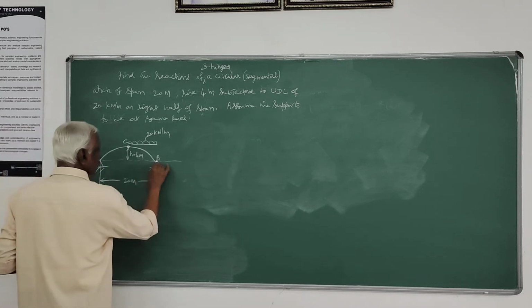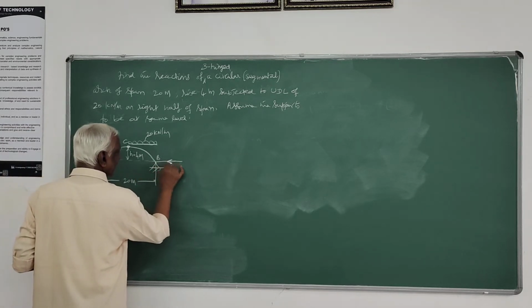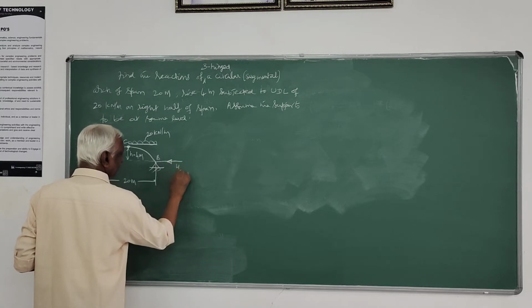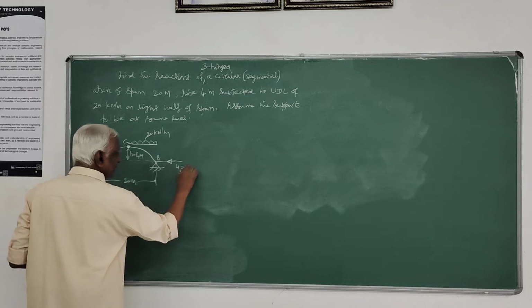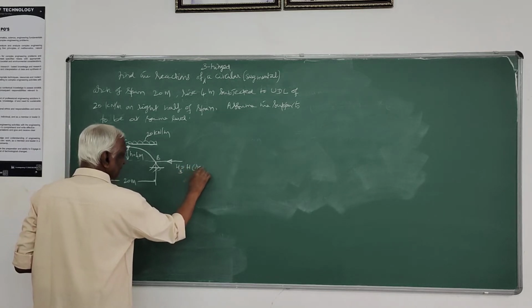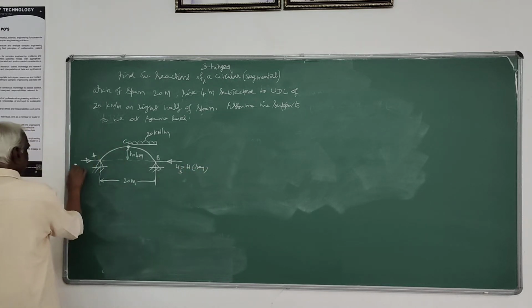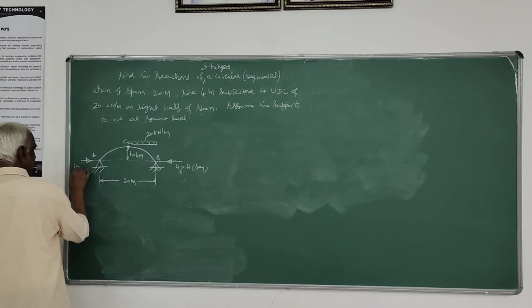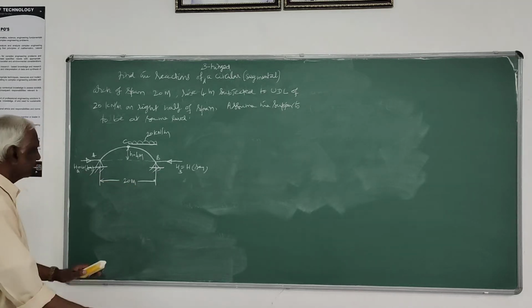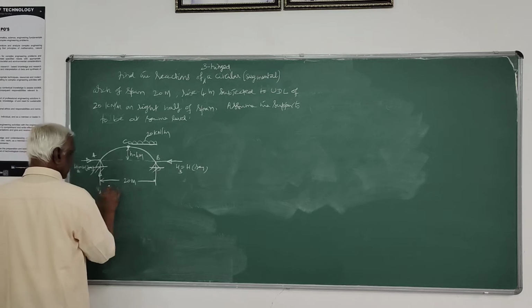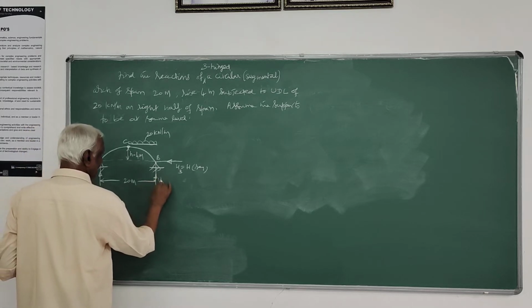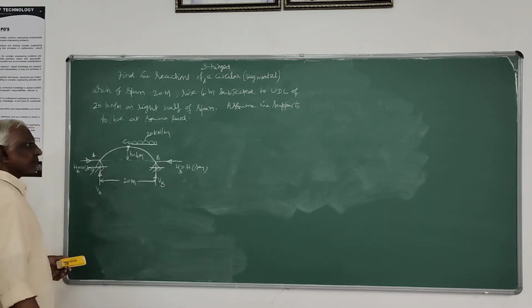Here the horizontal reactions at the supports will be equal, because only vertical load will be there. If you apply sigma H equals 0, you will get HA minus HB equal to 0. The 2 horizontal reactions, HA and HB, are equal, and we call it H. And the 2 vertical reactions, you have here VA, here VB.